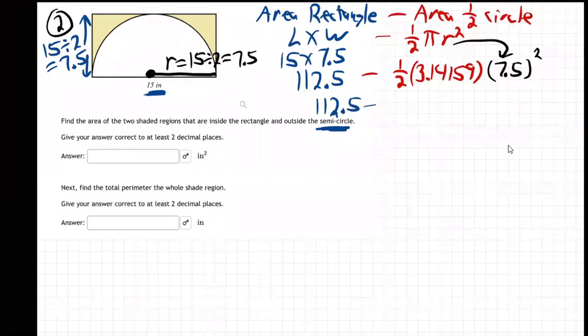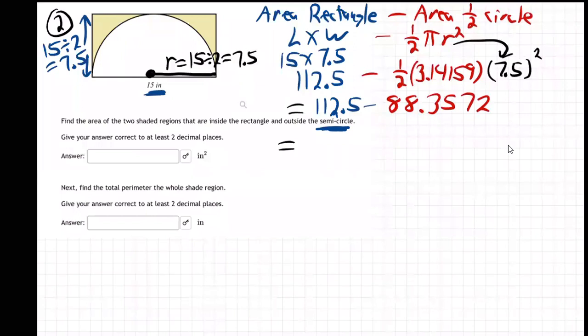112.5 minus, and then I'll calculate the other part. So I'm going to use the pi button on my calculator. That's more accurate, and it's quicker and easier too. So we get 88.3572. Subtract that. I'm getting the answer.